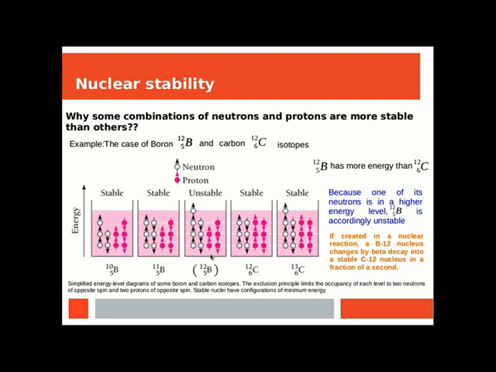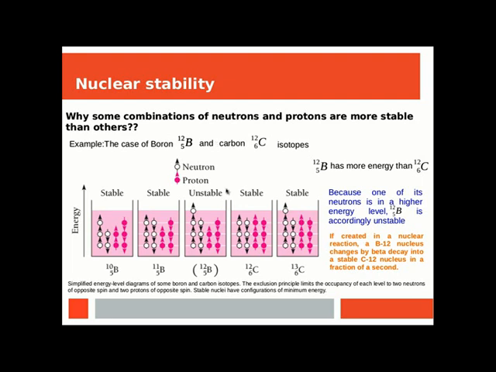To explain the significance of the arrangement of nucleons in the energy levels in providing stability to the nucleus, it has been illustrated using these two types of nuclei, boron 12 and carbon 12. You see that they both have the same mass number. That means the number of nucleons they have is the same, but the number of protons is different, hence the number of neutrons is different, but the total number of nucleons is the same in both of them.